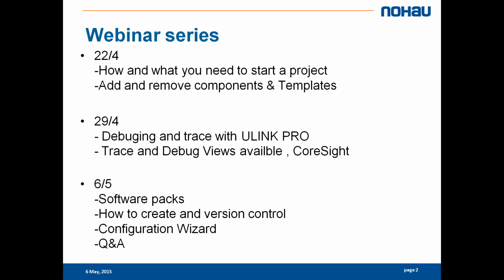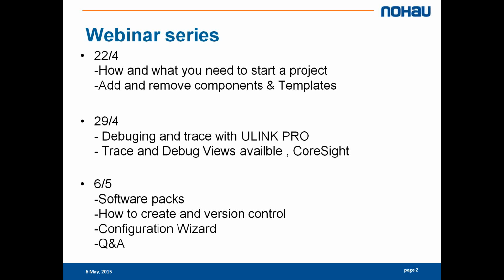Last week, I talked to you about debugging and trace with uLink Pro. I showed you what different views are available. I talked about CoreSight, what you need to get trace, and what you can expect if you have 1 pin of trace and if you have 4 pins of trace, with the different views and results.